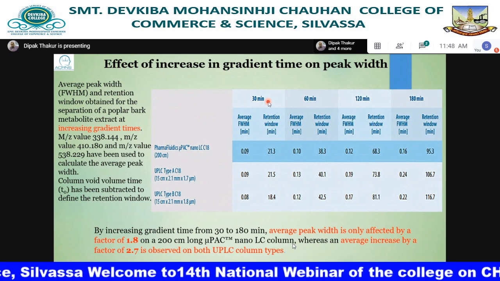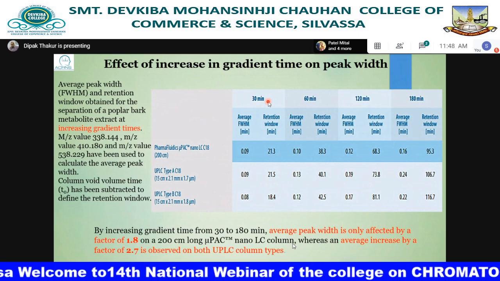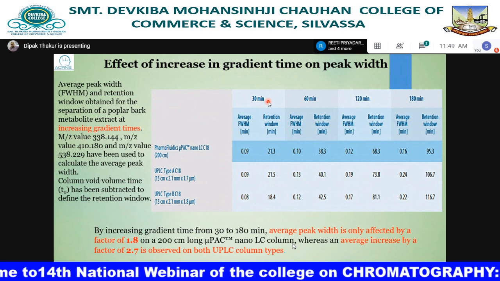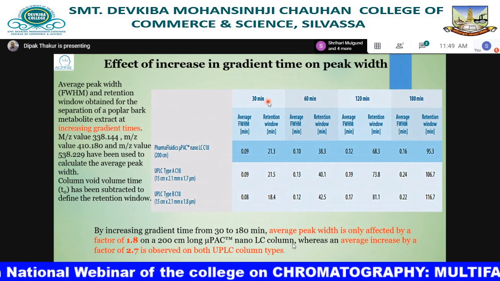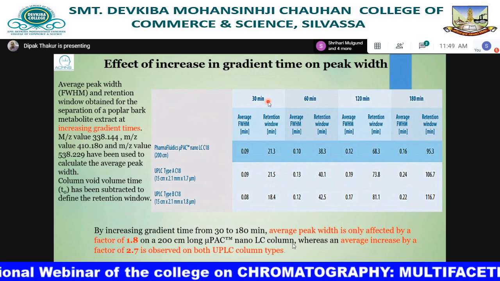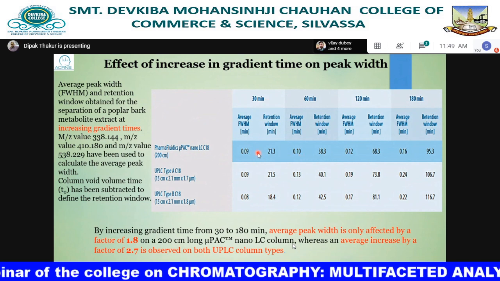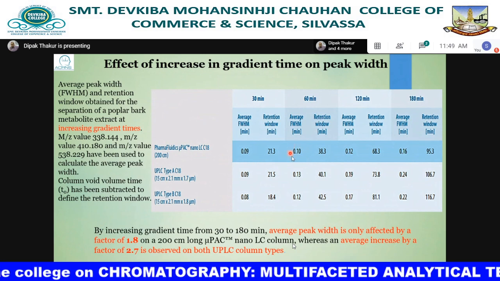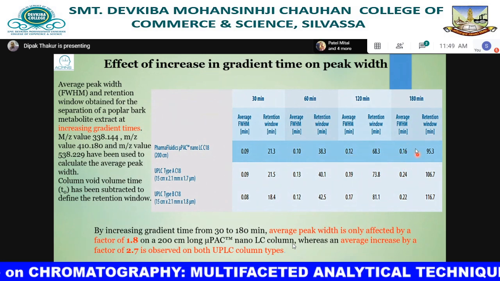But if you see, because of this unique construction based on pillar array columns, that arrangement of pillars, even if you move from 30 minutes to 60 minutes to 120 minutes to 180 minutes, if you see the width, it is moving from 0.16 to 0.10 to 0.16.